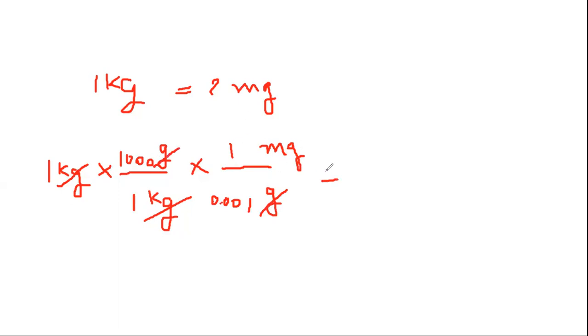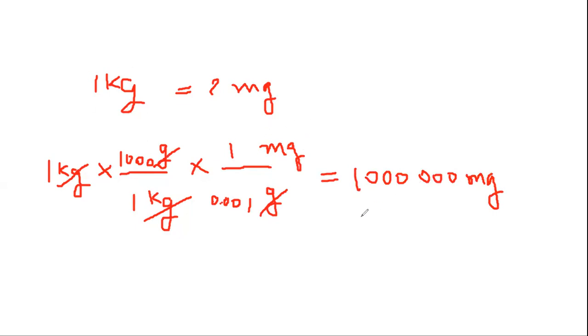So this is the right conversion. When you solve this one, this will give you the value 10 to the power 3. When you divide 1 by 0.001, this will also give you again 10 to the power 3. That means, now what is the unit of this one? This is the milligram. Only the milligram is left.